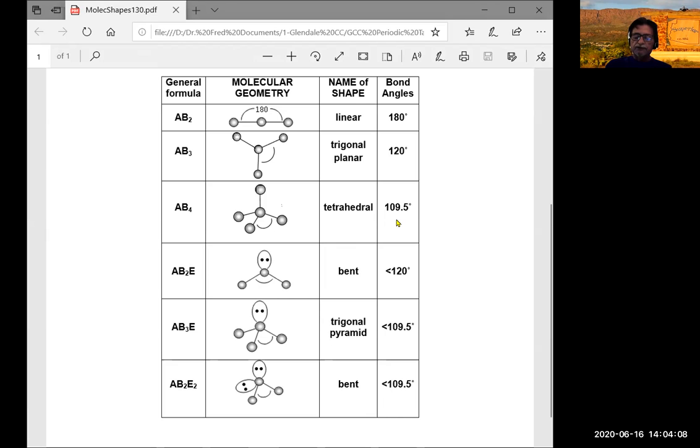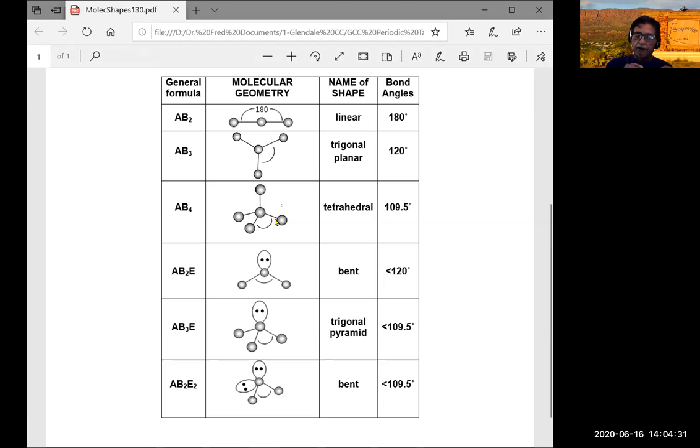And that is the maximum amount of bond angle between the B's, because remember, these lines between a central atom and B represent a bond, and those are electrons, two electrons. Well, there's four of them, four pairs around the central atom, and they want to separate from each other as much as possible.